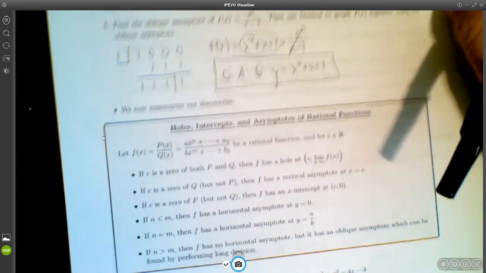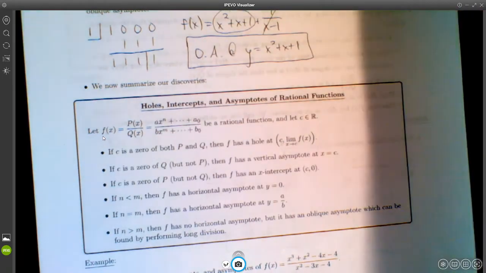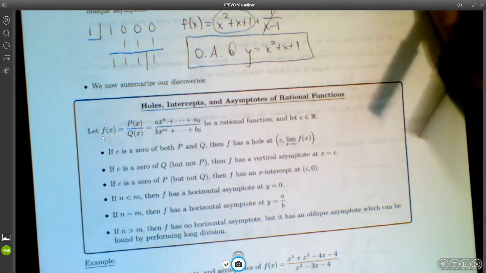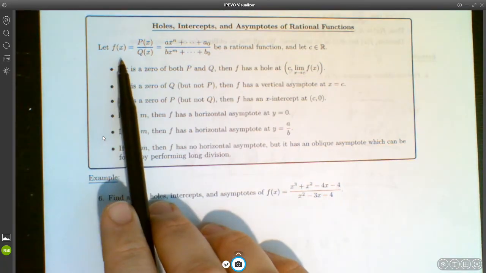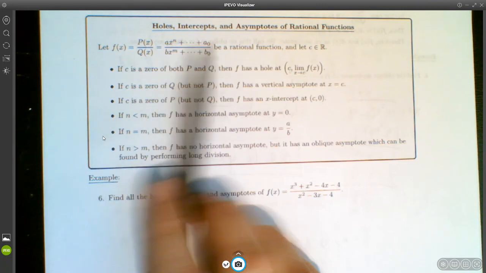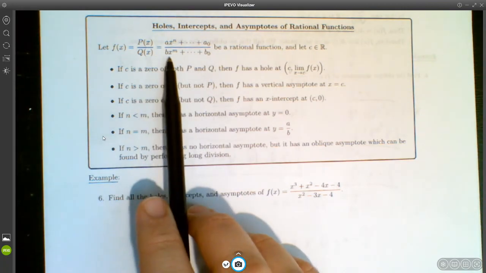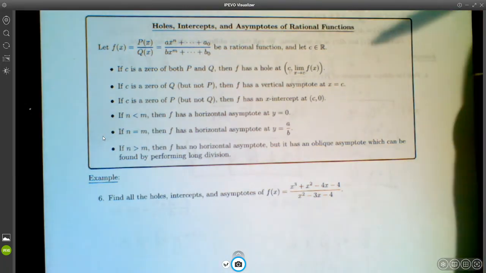There we have it. So we can summarize everything that we've discovered in this section now as follows. Okay, so we've discovered quite a bit. So let's say that f of x is p of x over q of x. P of x is ax to the n and so forth. Q of x is bx to the m and so forth. And let's say that c is a real number.